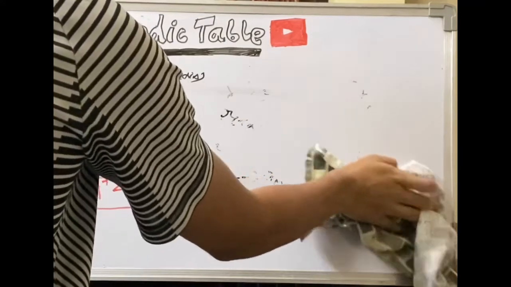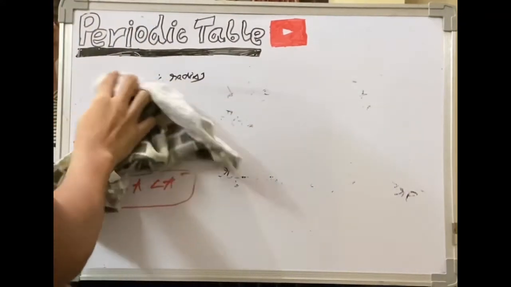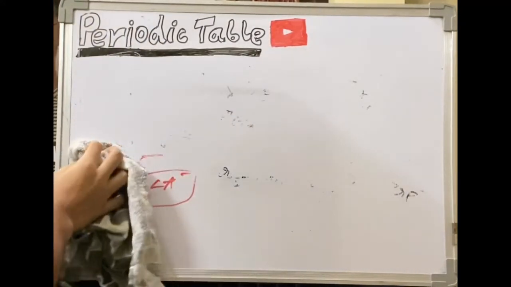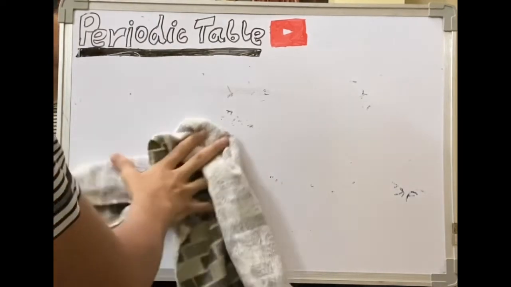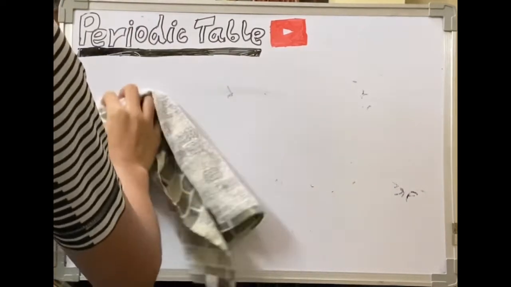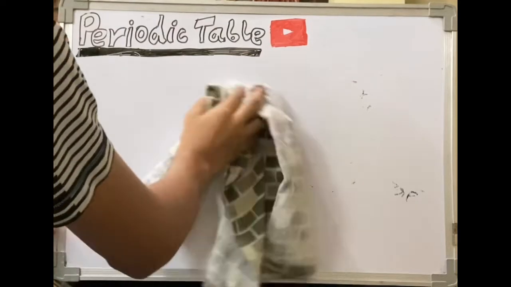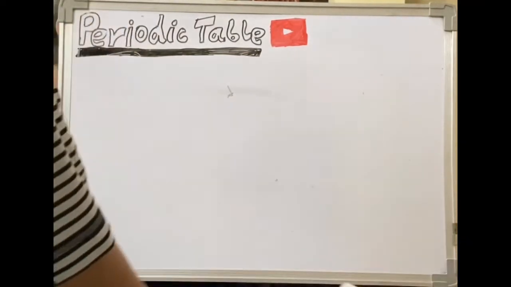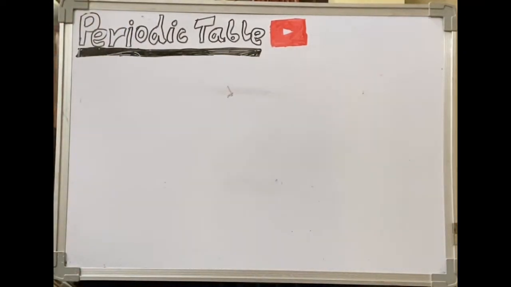Now, don't you have a question: we have the lanthanide and actinide series, so how do they affect the atomic radius? Because there is a jump of 14 elements in group 3, because it's from 57, then the next element is 72 in group 4.